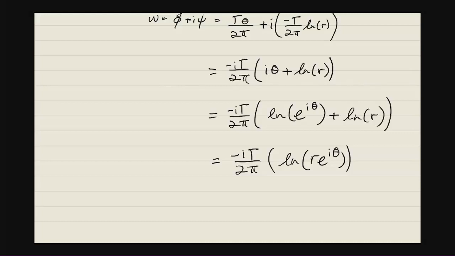And what is r e to the i theta? z. Very good. So it's just z. So I end up with negative i gamma over 2 pi ln z.